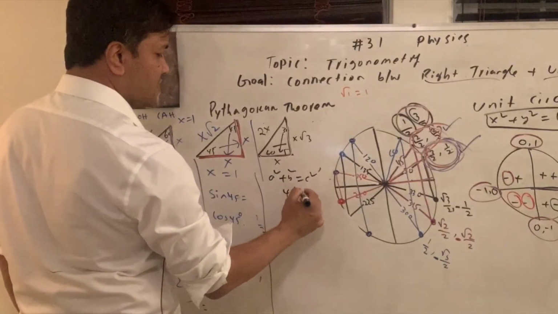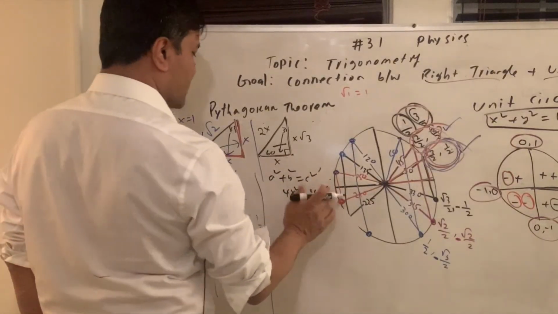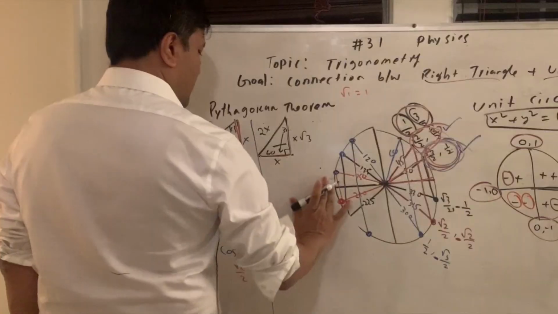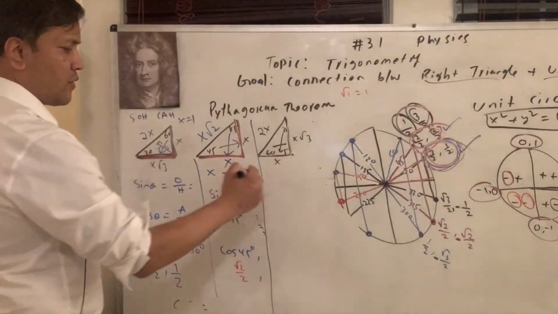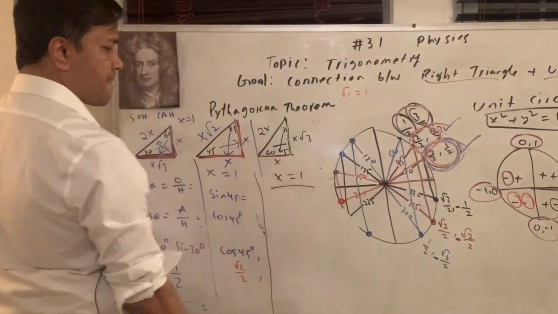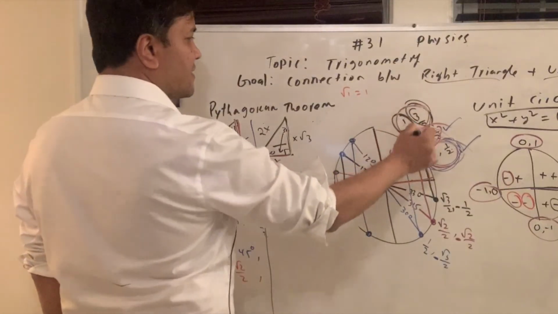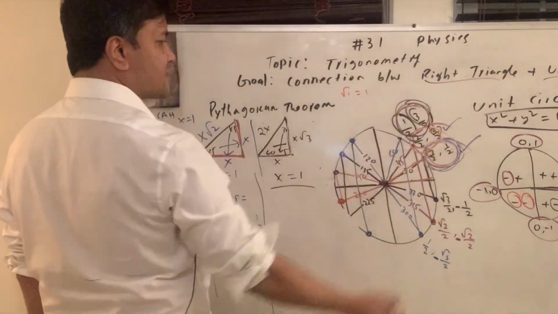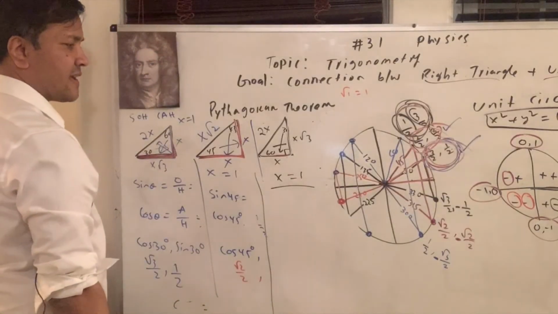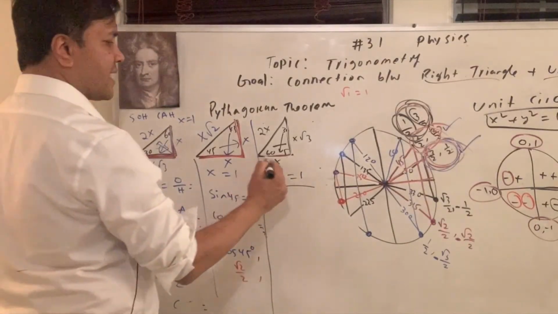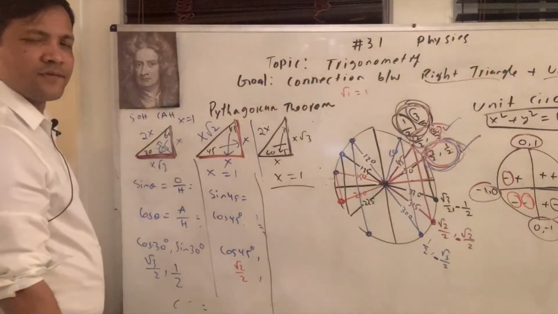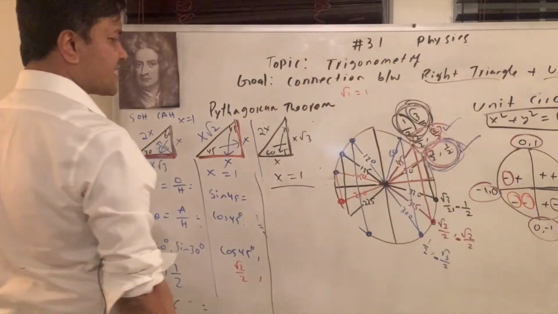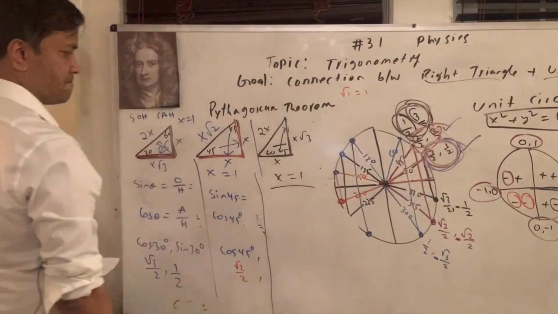So 4x squared is equal to 4x squared. Okay, so they work. Good. Now we are letting x be equal to 1. We are proving that the points at 60 degree are the legs of the 60 degree right triangle.